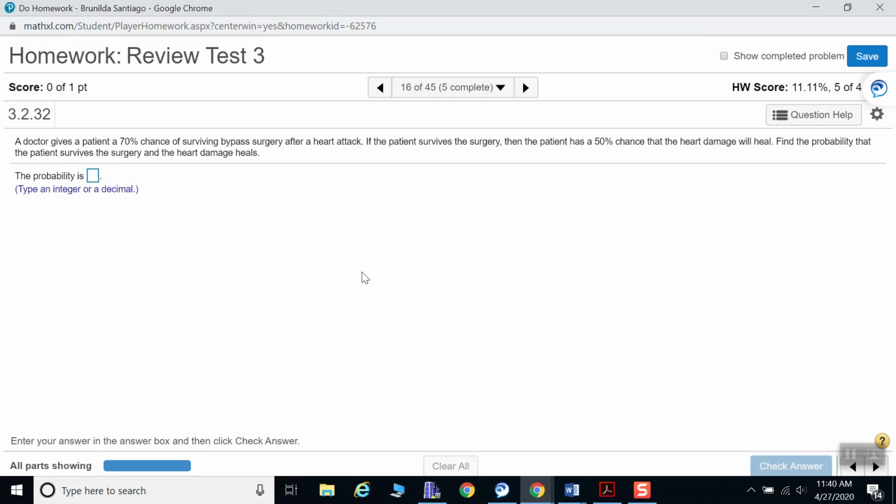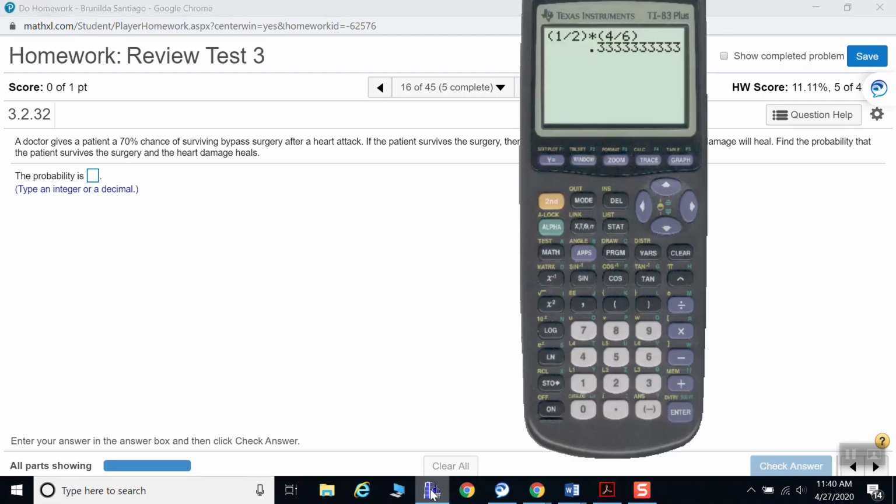So notice in here it says and. So and means to multiply. The and can be implied or it can be stated like in the other one. So the first one has a chance of 70%. Let's treat that as a 70 as a percent.